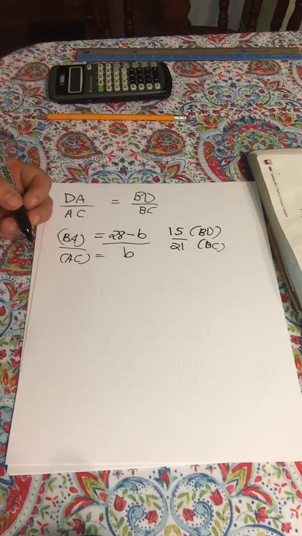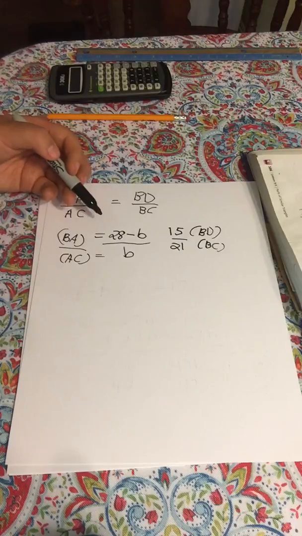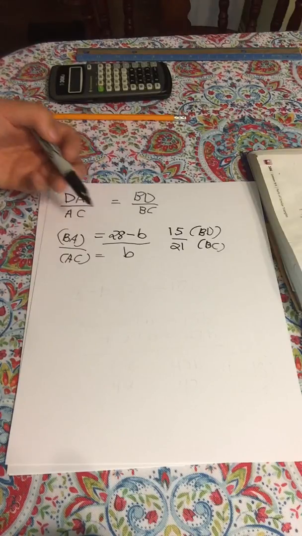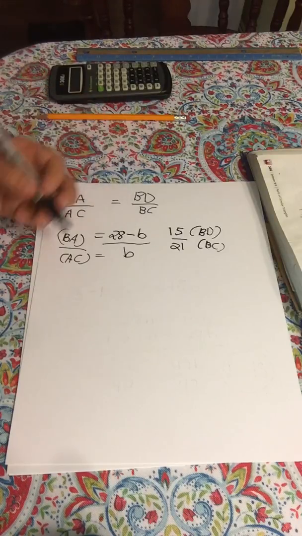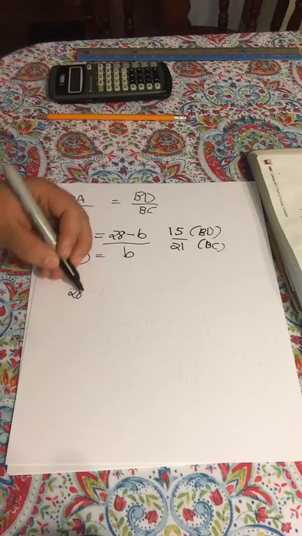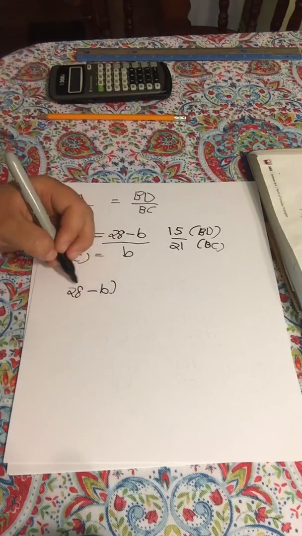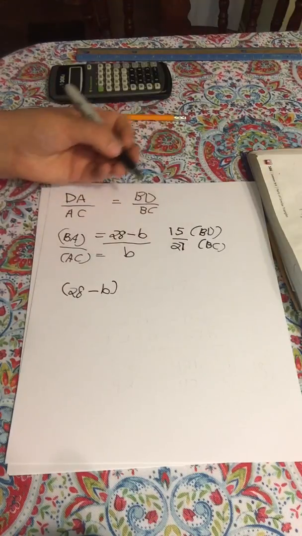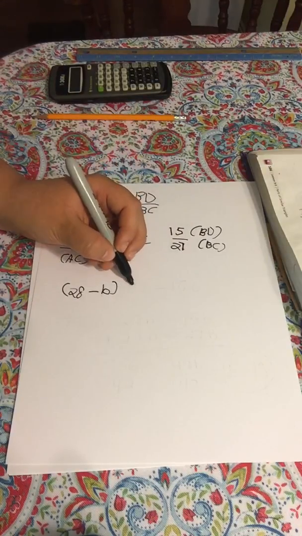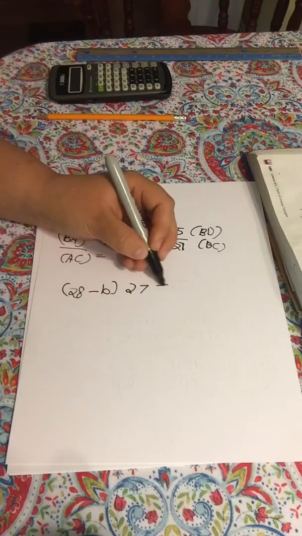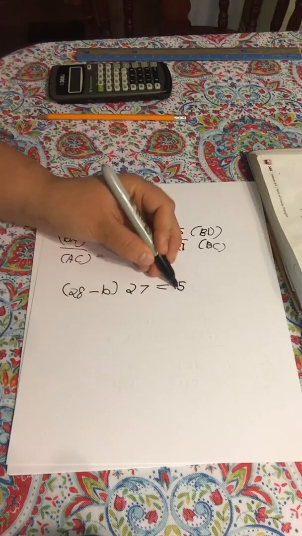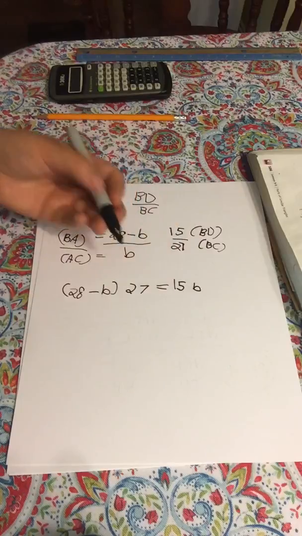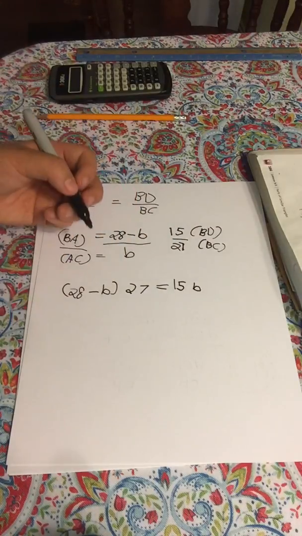So if you cross multiply 28 minus b by 27, equals 15b, because 15 times b is 15b.